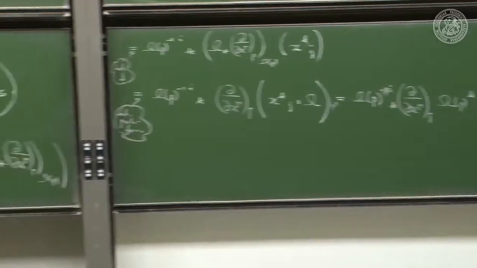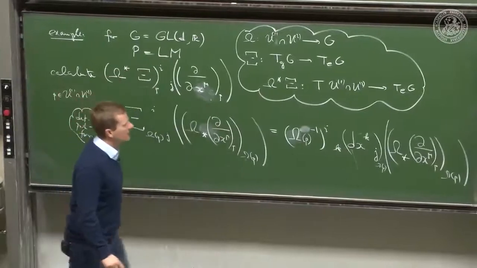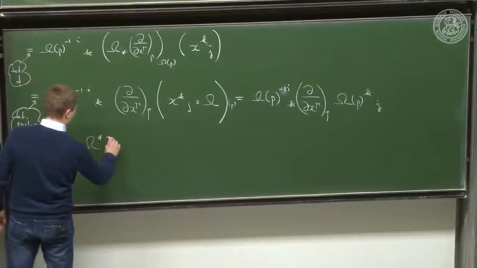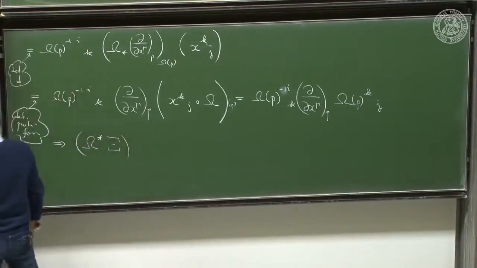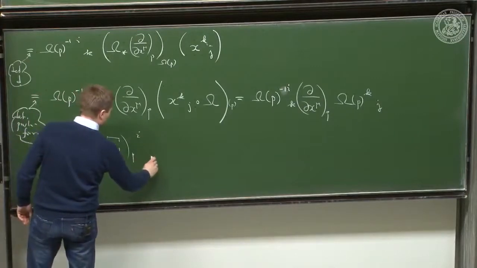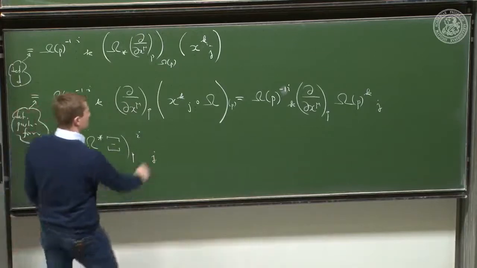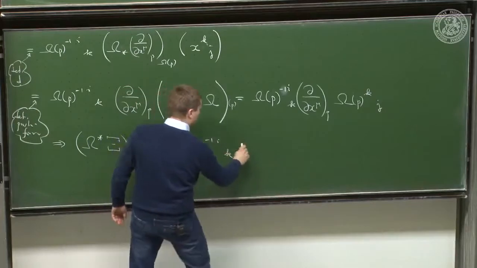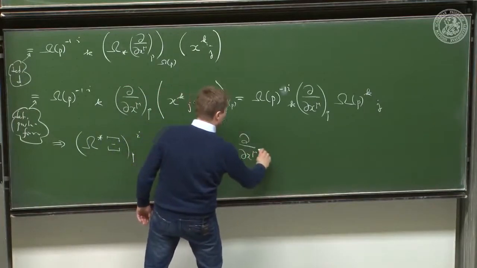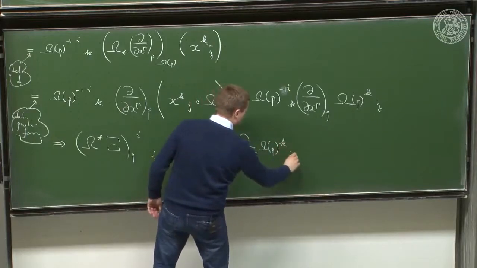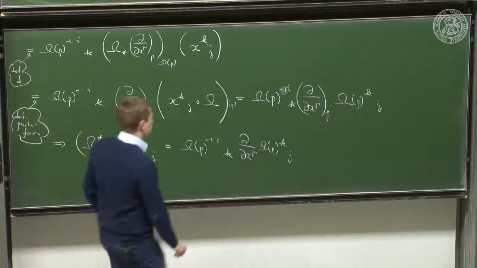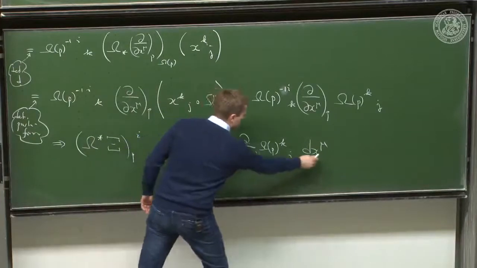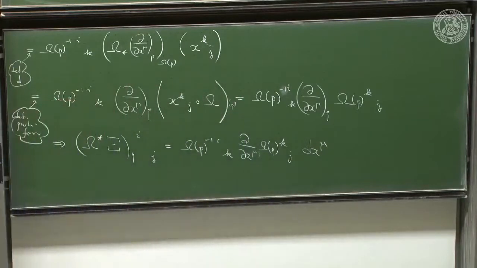If I calculated how this pullback acts on such a vector, if I want to free the expression of this vector, so if I want to write down just the pullback of the Cartan form at the point P, components i, j, then it's of course all that's written there: omega of P inverse i k, d by dx mu of omega of P k j, times dx mu, because this index in this component goes there.